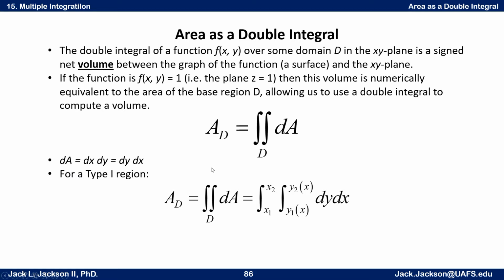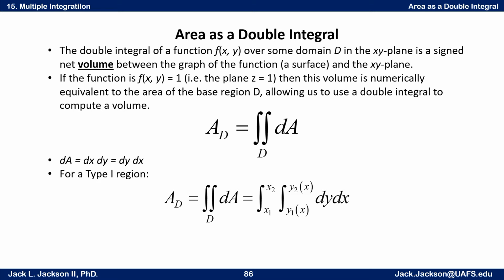And of course, that comes from the fact that when we're splitting up our region, we're looking at little rectangular subregions of width delta x and height delta y. So the area delta A is just delta x times delta y. So when we take the limits, we get the same relationship among those differentials: dA equals dx times dy.